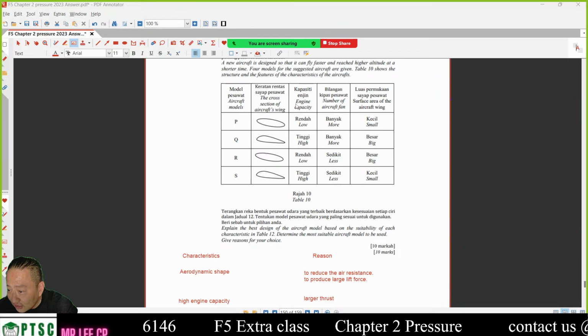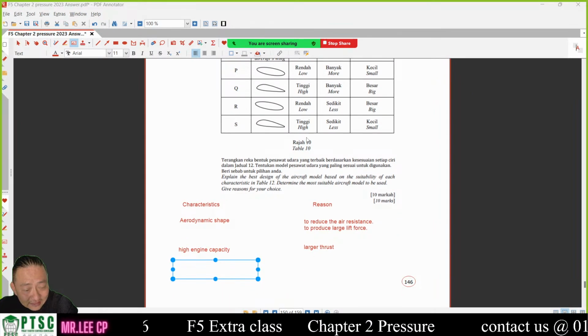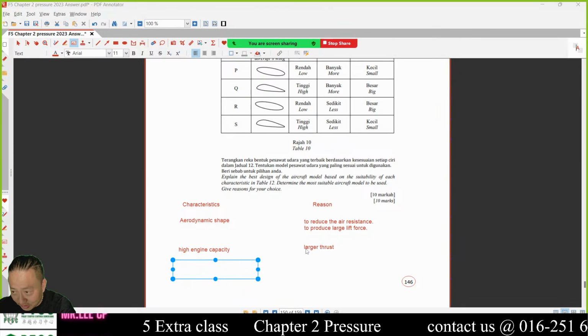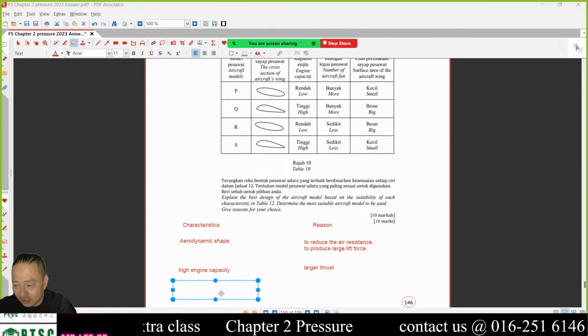This is the engine capacity. So big capacity gives you a big engine thrust.